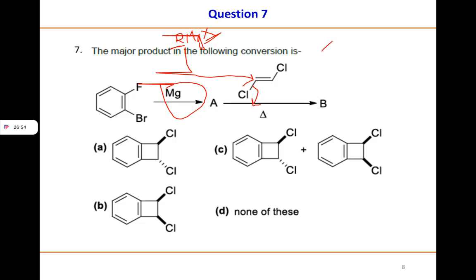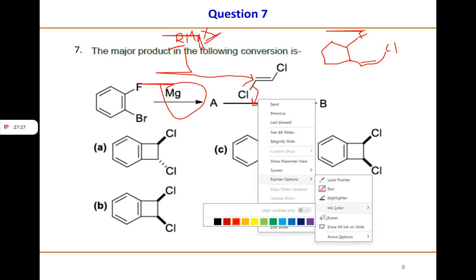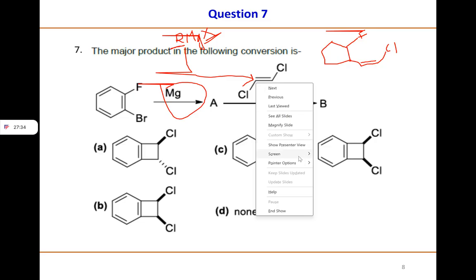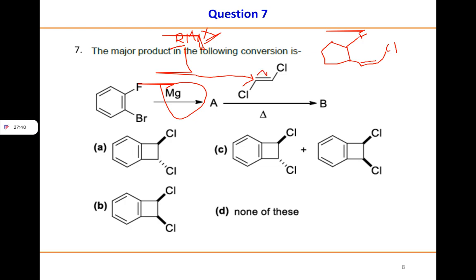So initially we will get Cl, double bond, F. Sorry, it will not get knocked out, double bond. Sorry for this one. This way.